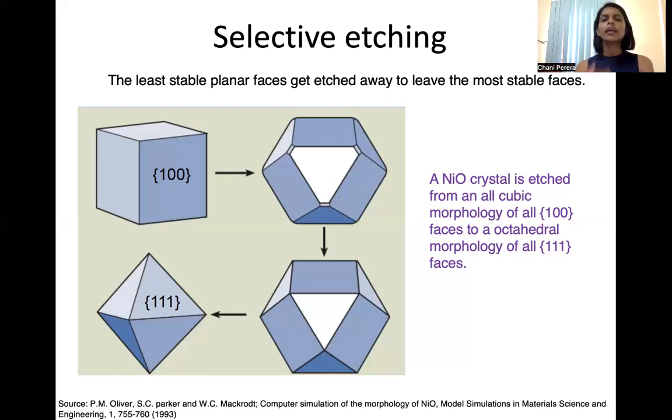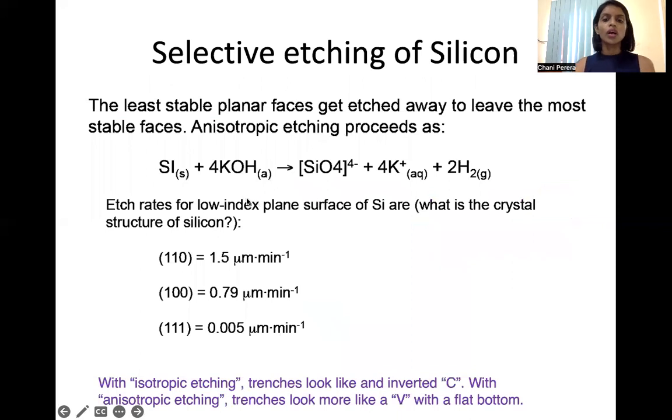This is another example, like we use this selective etching in nanotechnology to synthesize nanoparticles. That means the planes with high surface energies are etched away, leaving the most stable faces.